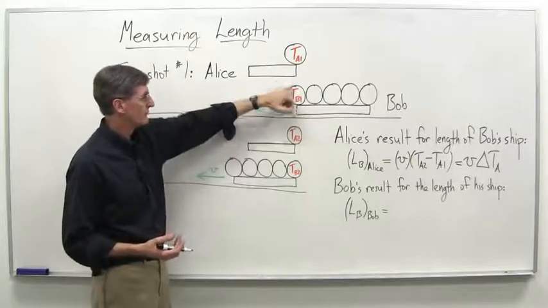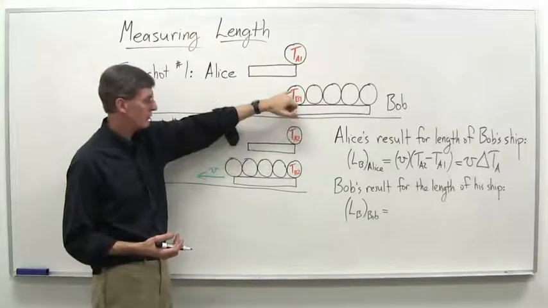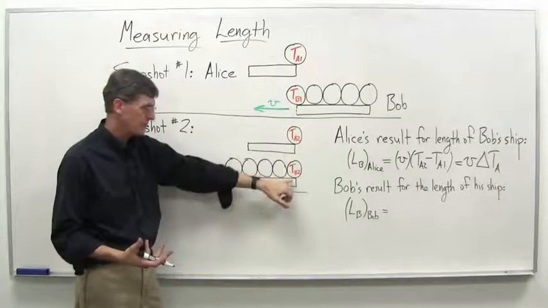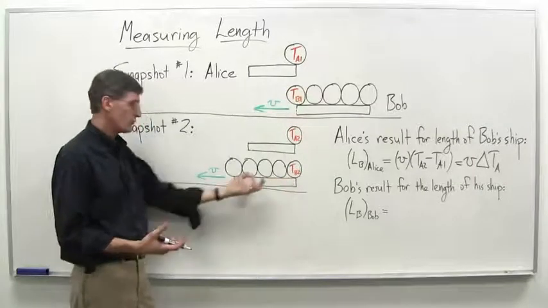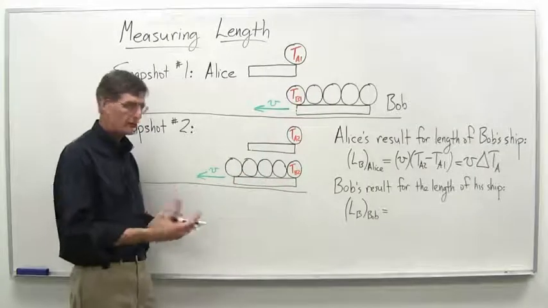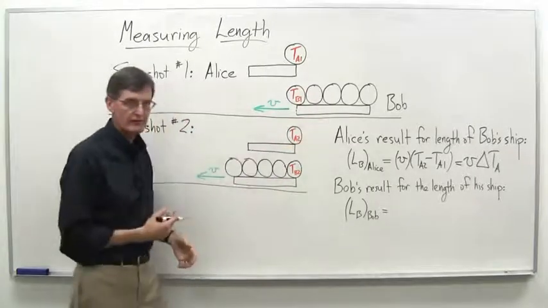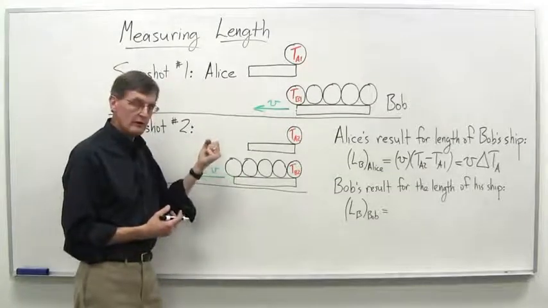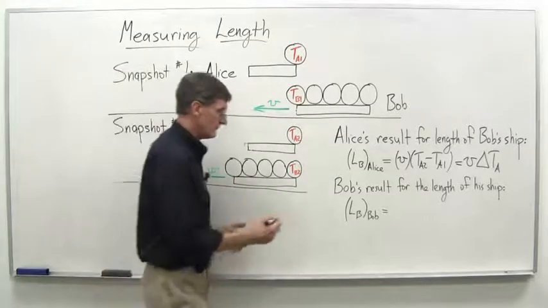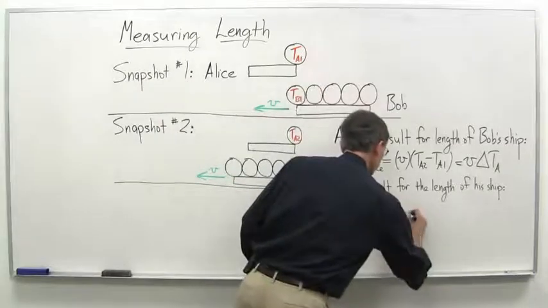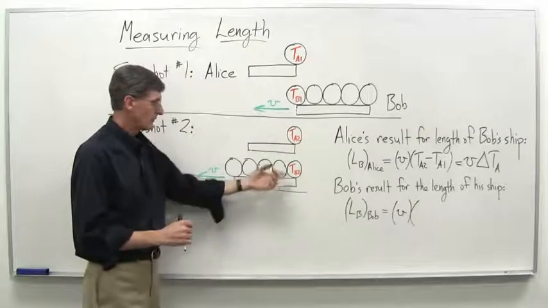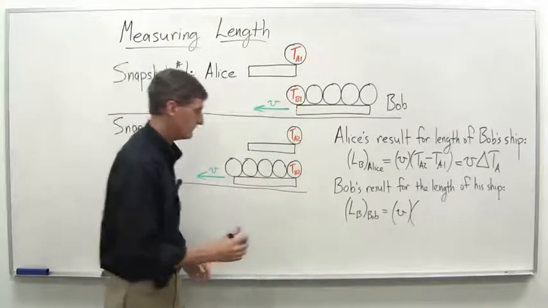So he measures when Alice is at the front of his ship, TB1, and how long it takes Alice to get to the back of his ship at TB2. He's going with velocity v this way if he thinks he's at rest, and Alice clearly is going with velocity v that way. And therefore, again, the length of his ship is going to be v, the velocity, times the elapsed time on his clocks, TB2 minus TB1.